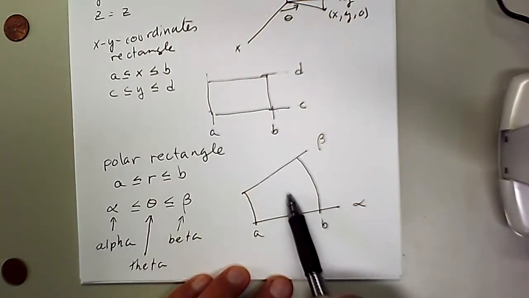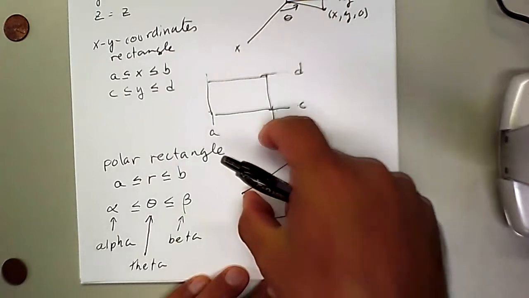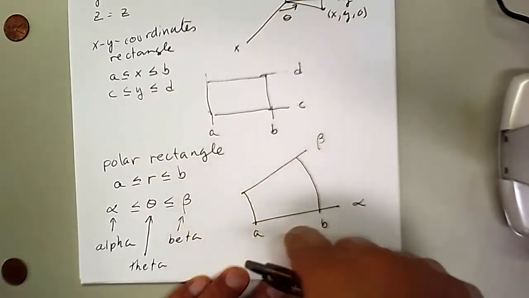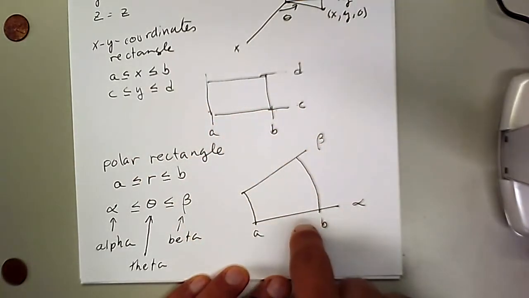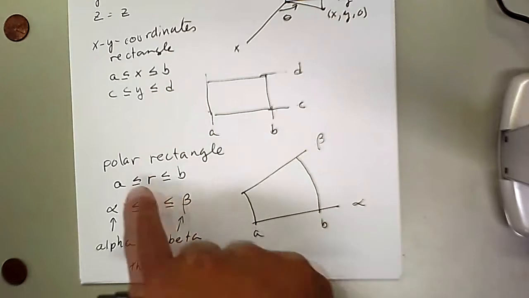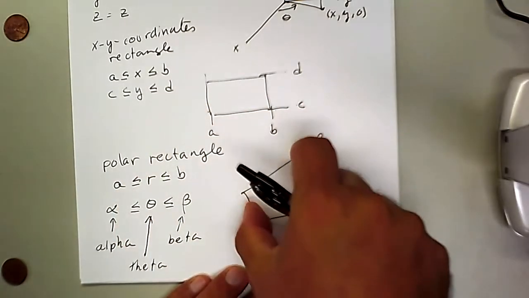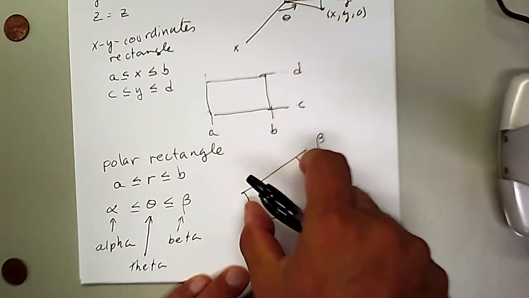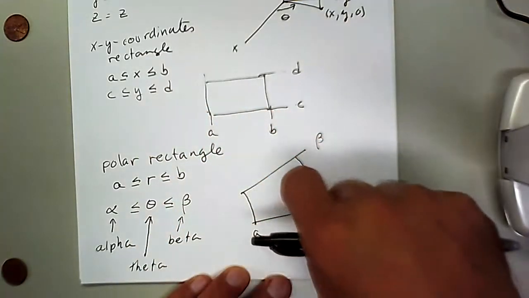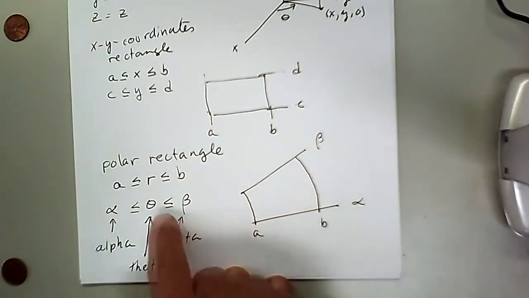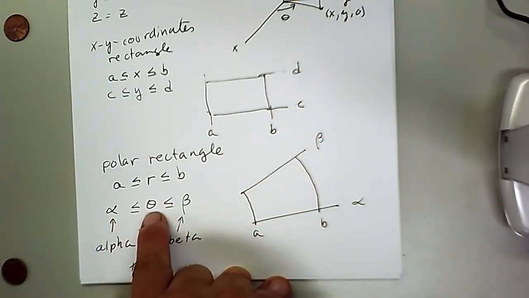So be aware this is a rectangle, and this can go all the way around. In fact, a circle, which is kind of weird, a full circle, well, I shouldn't say a circle, a washer is a polar rectangle.